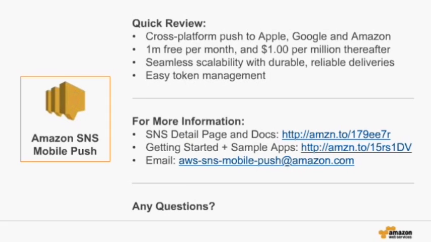Let's see, looking through the questions. Does this come with analytics? What information can I get about successes and failures? So today, SNS Mobile Push is fully integrated with Amazon CloudWatch. You can use it to get information about whether the notifications were delivered successfully to Apple and Google and Kindle Fire, and you can look at that on a per message basis or overall.